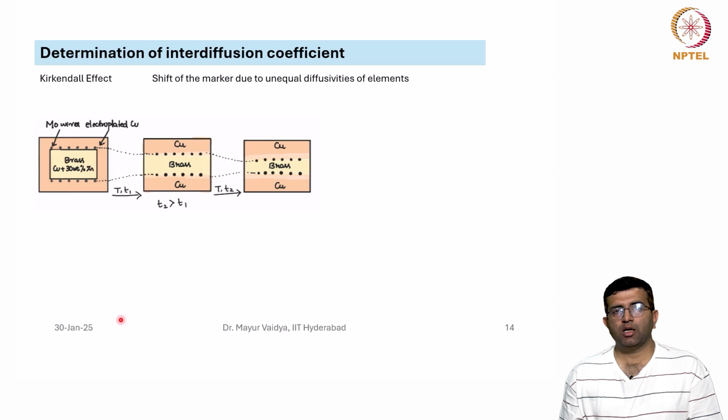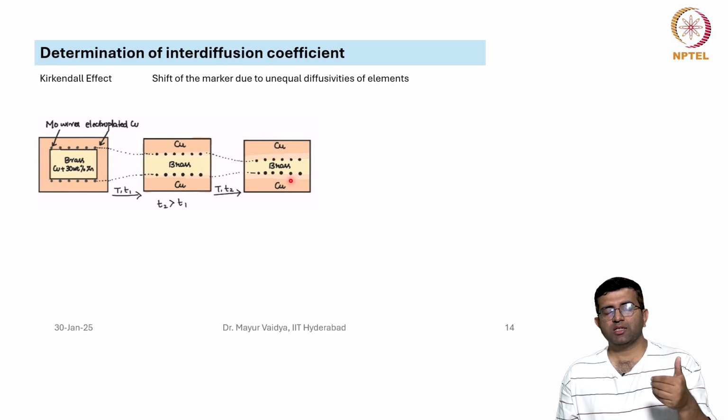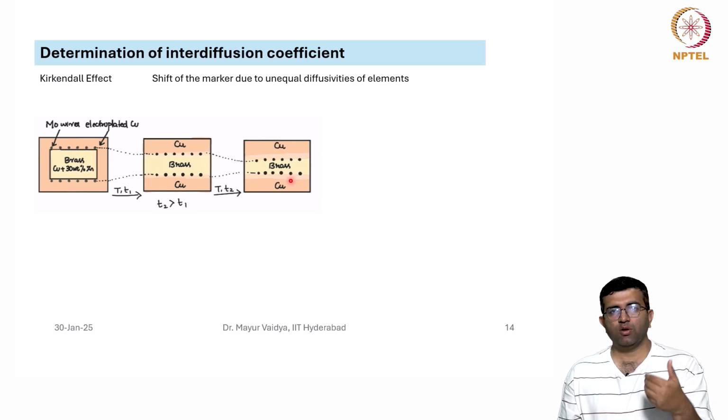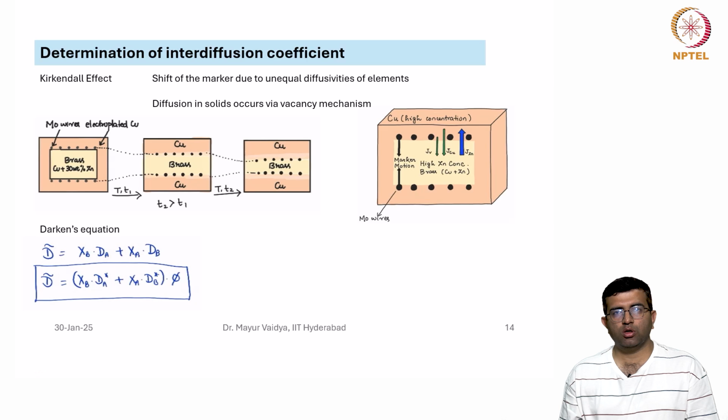This marker shift was a seminal contribution in showing that the mechanism of diffusion has to involve defects, that is, vacancies, because otherwise you cannot explain these unequal diffusivities. Because of the unequal diffusivity, a corresponding vacancy flux also has to be present.